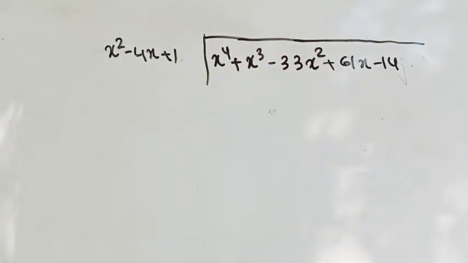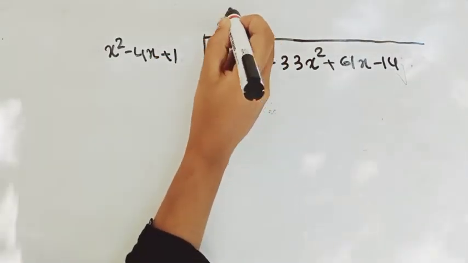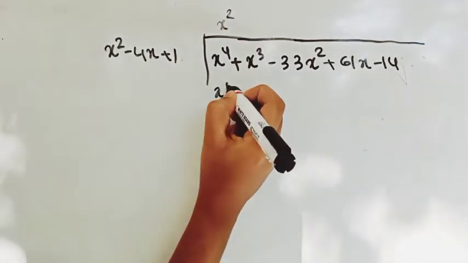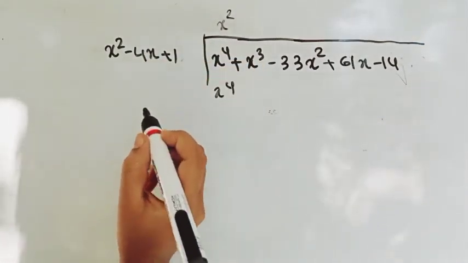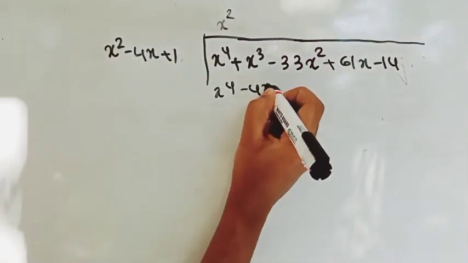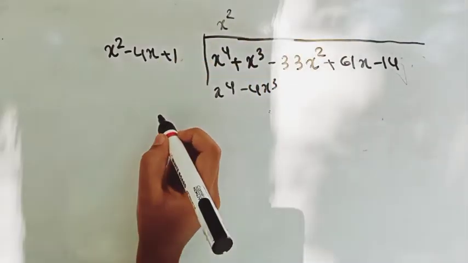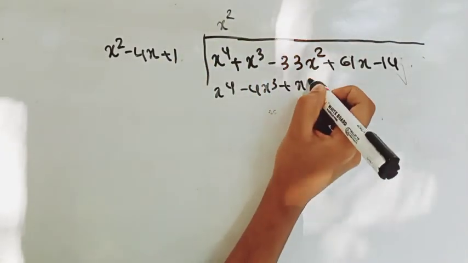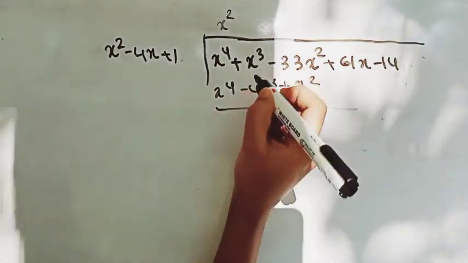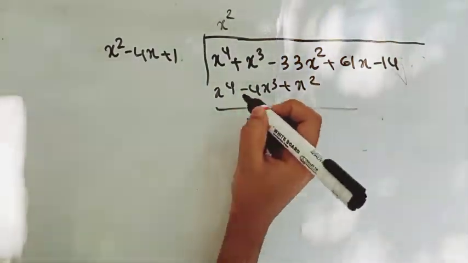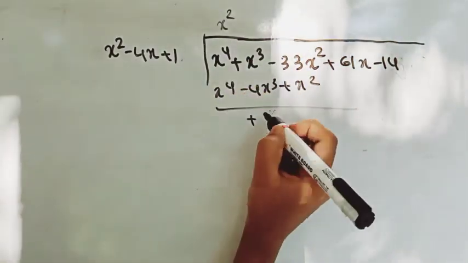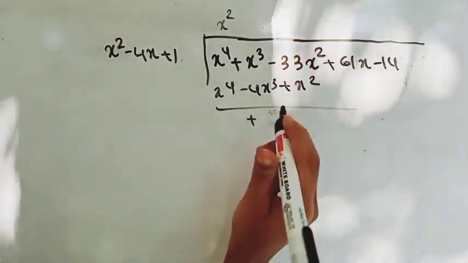So x raised to 4, here x square into x square is x raised to 4, x square into minus 4x is minus 4x cube, x square into 1 is x square, right? Then x cube minus 4x cube is x cube minus 4x cube, which will be equal to plus 5x cube.